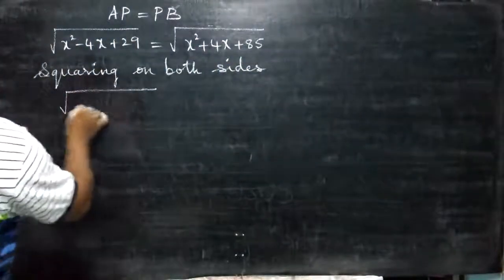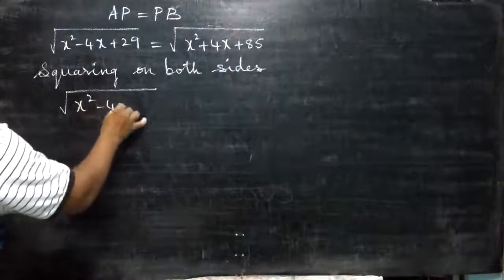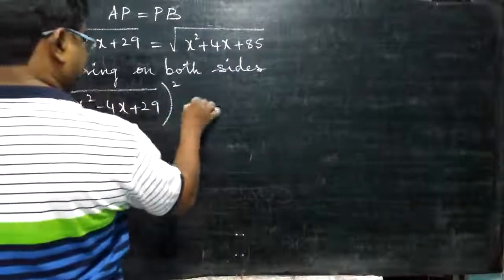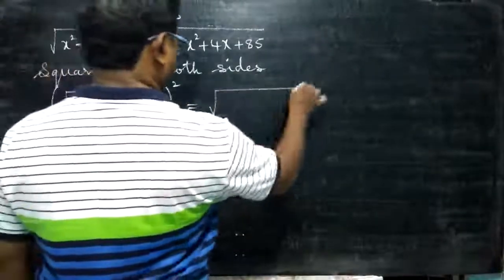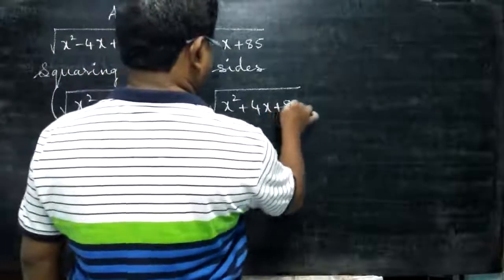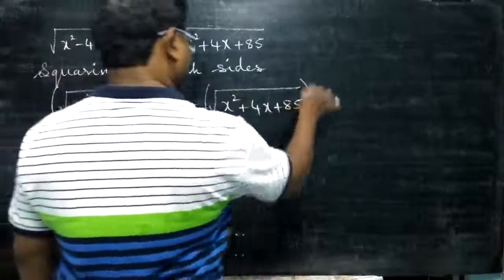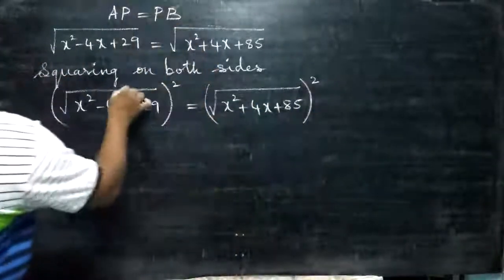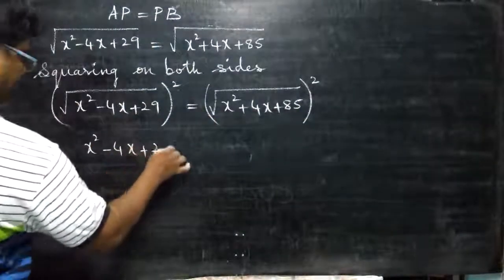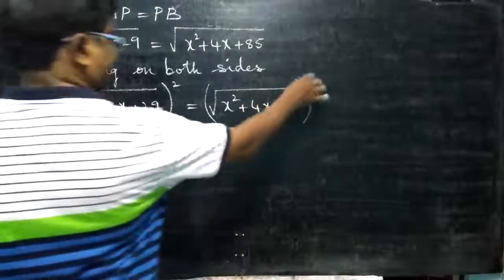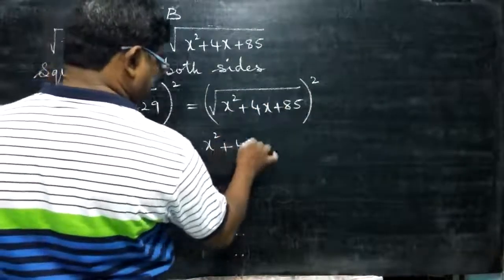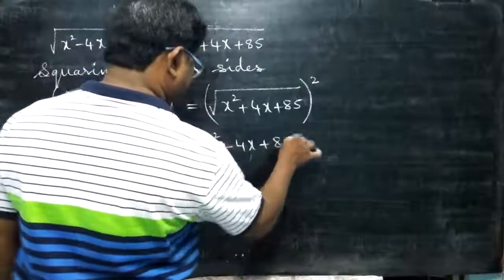The square root of x square minus 4x plus 29 whole square is equal to the square root of x square plus 4x plus 85 whole square. Square and square root get cancelled. x square minus 4x plus 29 will be coming outside, equal to x square plus 4x plus 85.